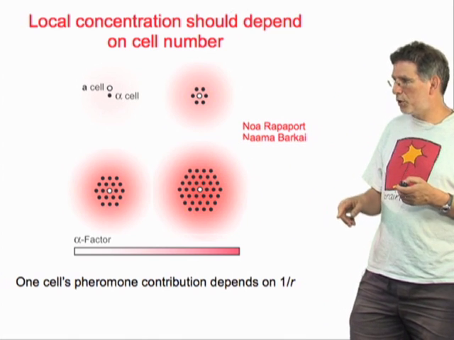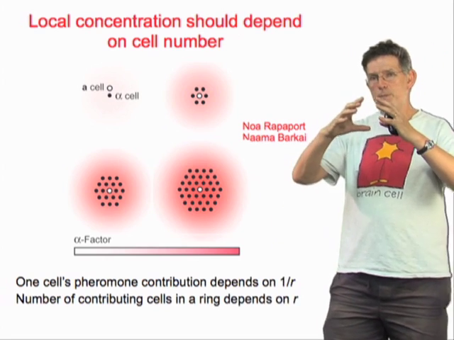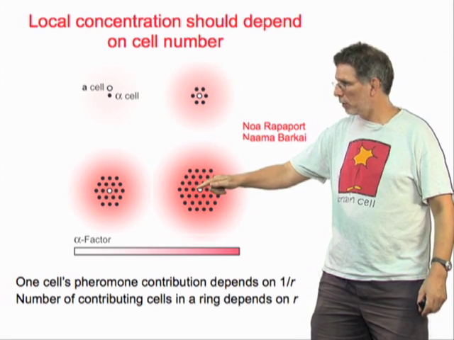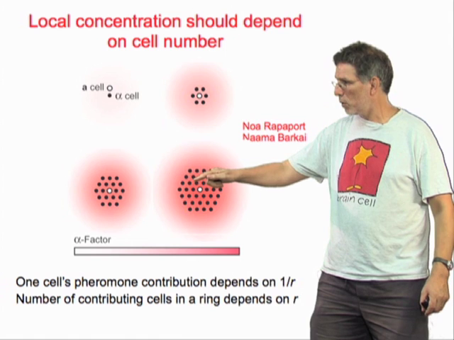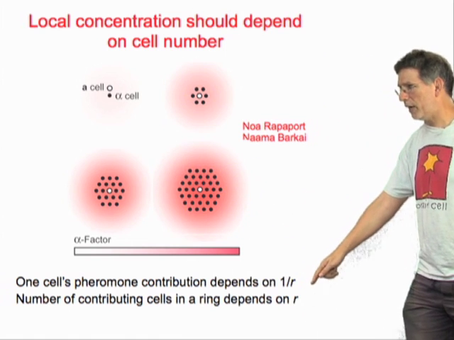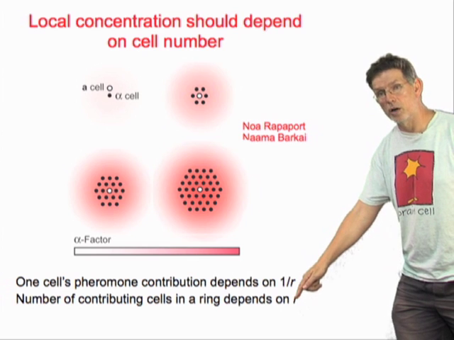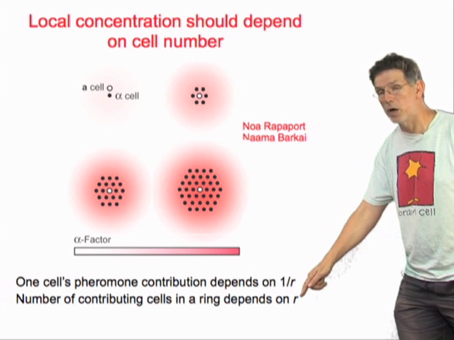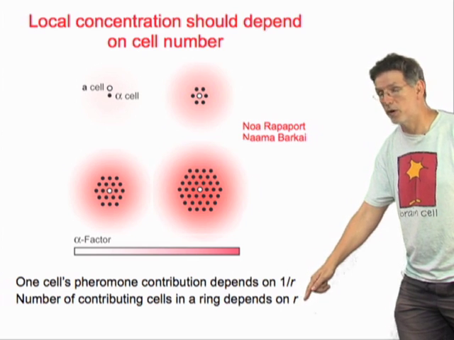But because of geometry, it's also true that as we keep building these concentric rings, going from this one to this one to this one, the number of contributing cells in each ring goes up as a function of r, because the circumference of a circle is 2 pi times its radius.